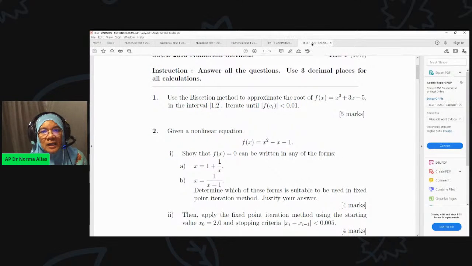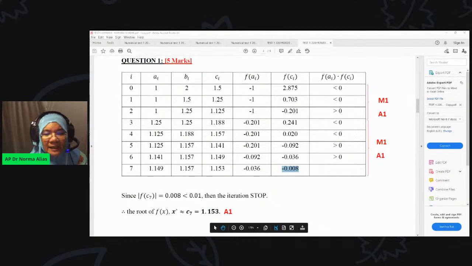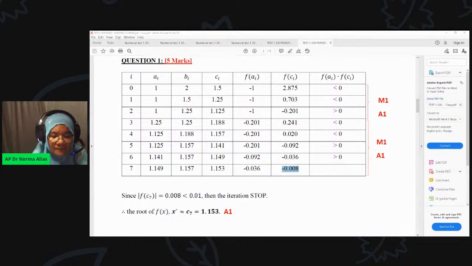Now let me ask if you have any question about how to generate the bisection table. You also need to know how to change the interval, whether you change A or you change B to C. This is the second step you need to know.